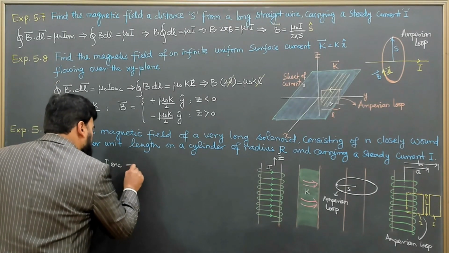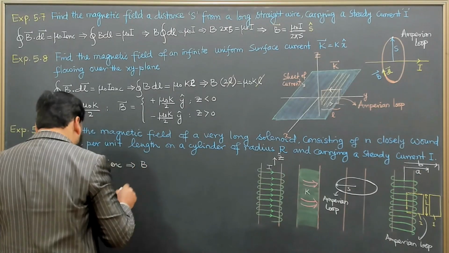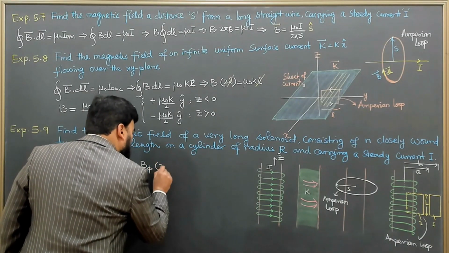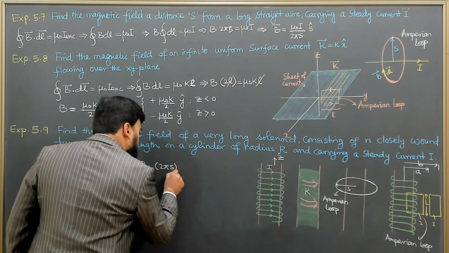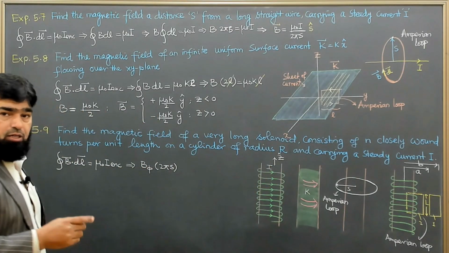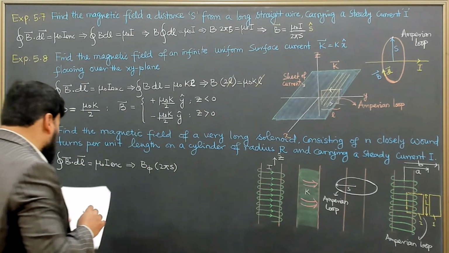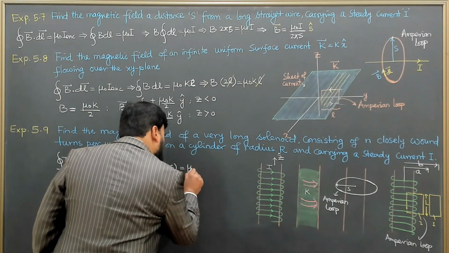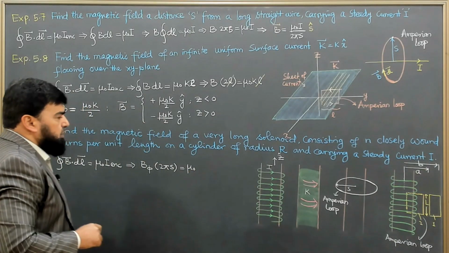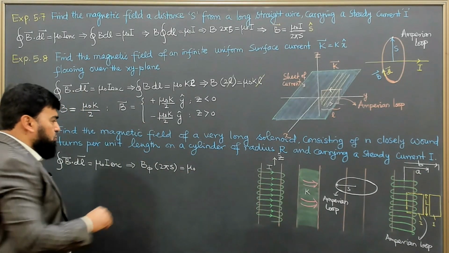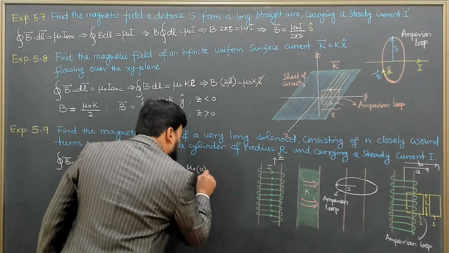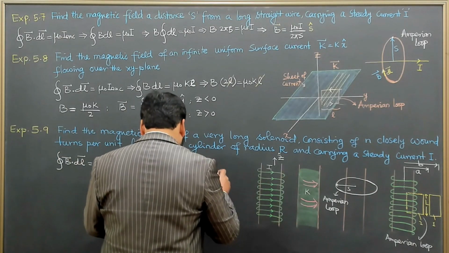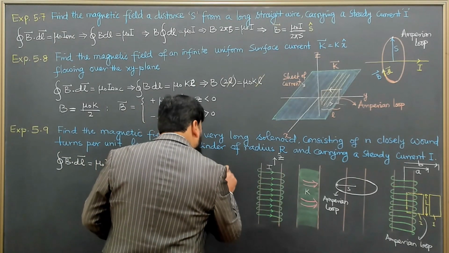I can write B phi times 2 pi s, where 2 pi s is the circumference of this Ampèrian loop that I have considered, and this is equal to mu naught times how much current is enclosed by this loop. The loop is enclosing 0 current, and this implies that B phi is equal to 0.